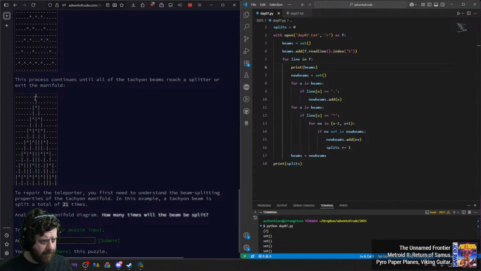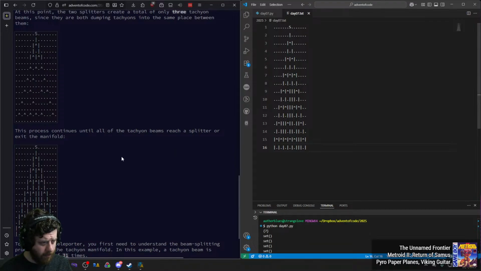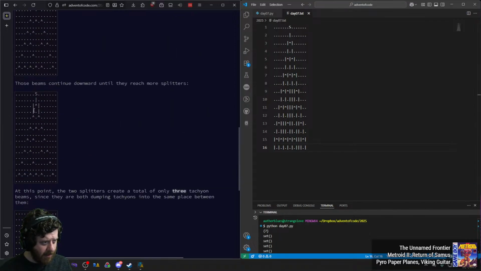So I start with 7. For x in beams, if line x equals a period, wait. That's because that's not my input, dummy.